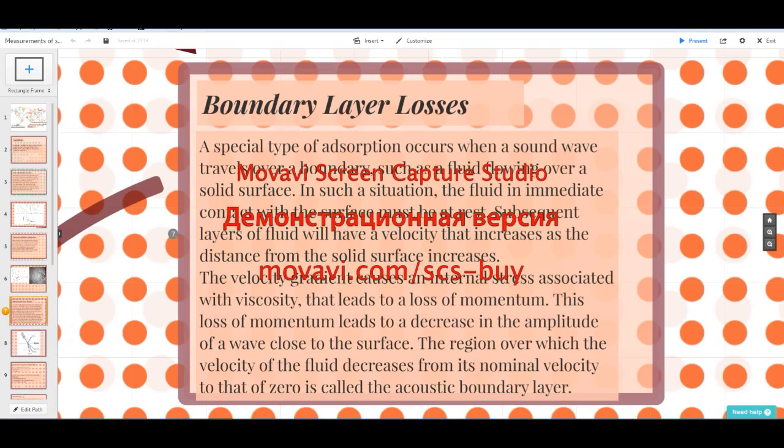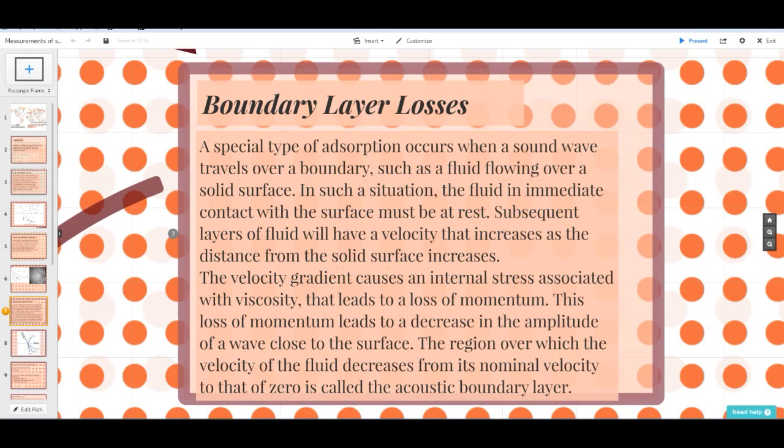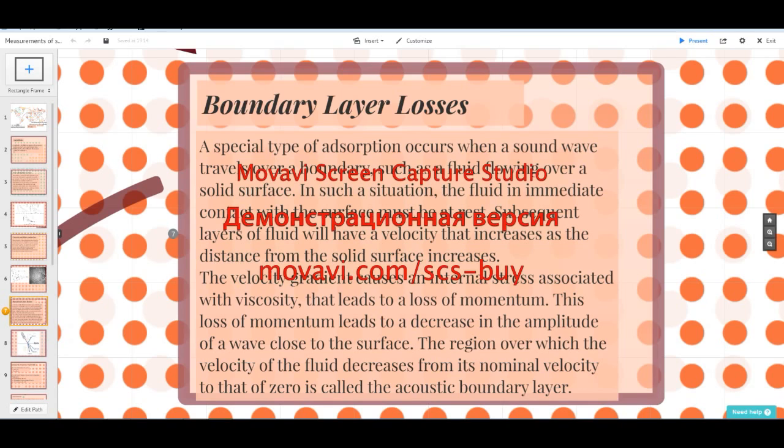The velocity gradient causes an internal stress associated with viscosity that leads to a loss of momentum. This loss of momentum leads to a decrease in amplitude of a wave close to the surface. The region over which the velocity of the fluid decreases from its nominal velocity to zero is called the acoustic boundary layer.